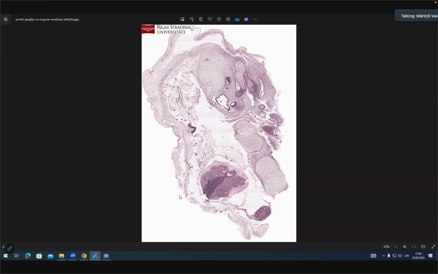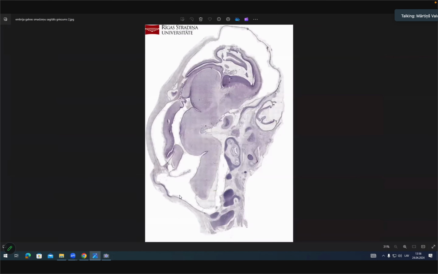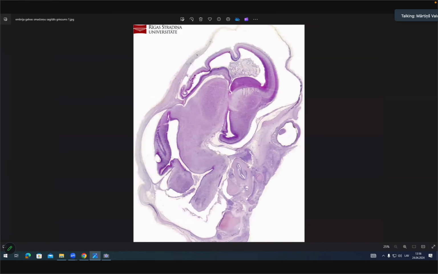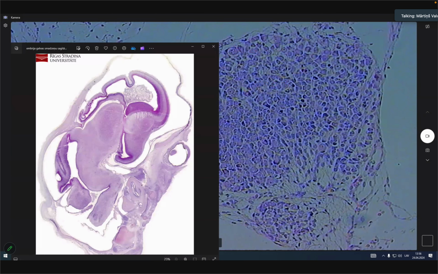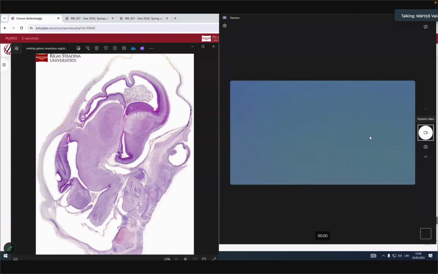So brain development. I will put pictures side by side. This picture, yes, this picture goes here. I will decrease this in size and I will take brain development. So brain development slide.